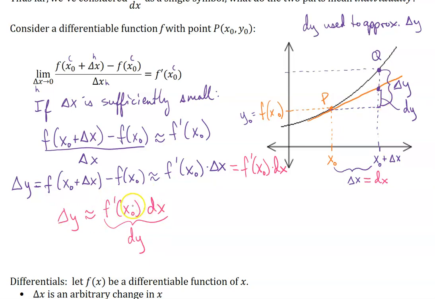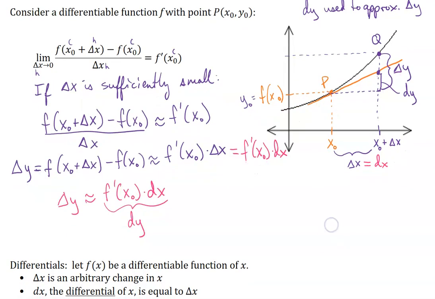Okay, let's look at this another way before we summarize all of these terms and such. We know that f prime of x, we'll just look at notation here, f prime of x is the same thing as dy over dx. What we're doing now is essentially breaking these apart, multiplying both sides by dx, and then we have that dy is equal to f prime of x times dx.